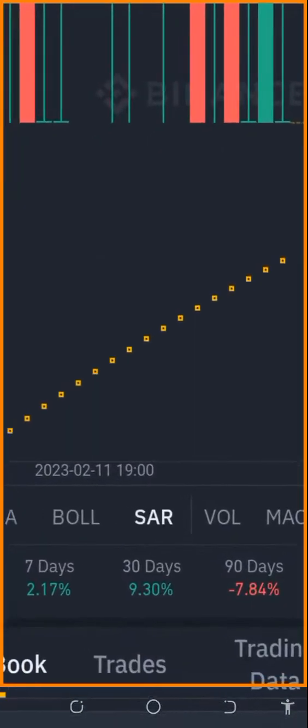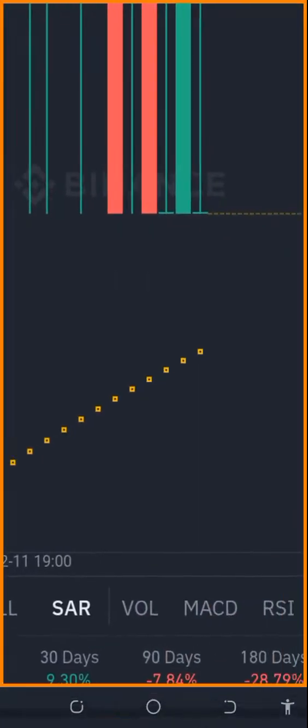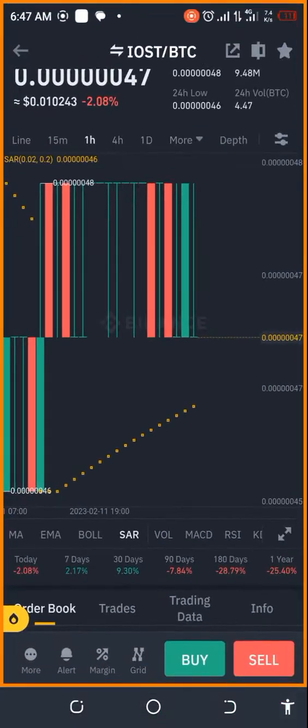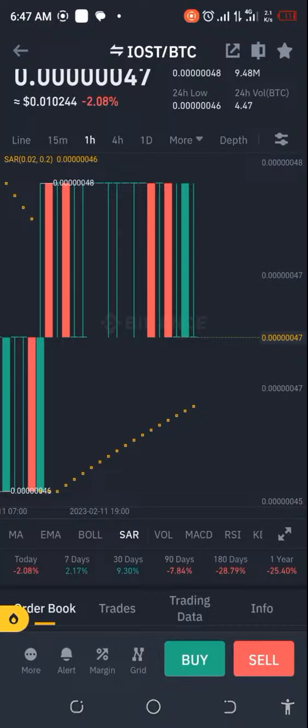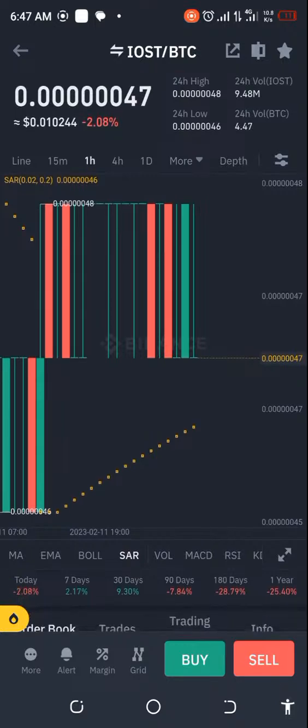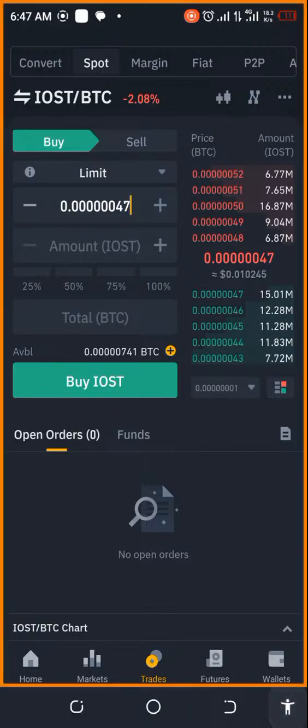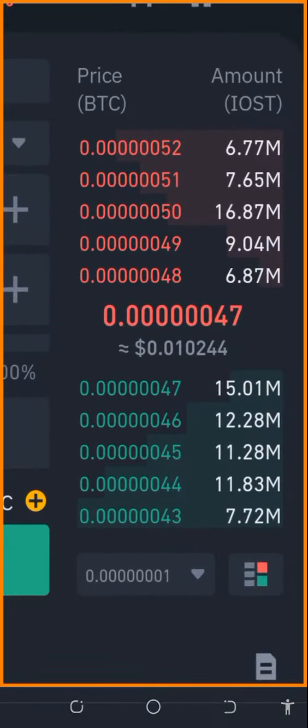You can see that the parabolic SAR is still in the upward trend, so definitely it was still going to climb up. But currently the price is at 0.000047, when at the time we placed it, it was 0.00048. And that means it's going to take some good time, probably another 4 hours. And I don't think I had that amount of time to waste.